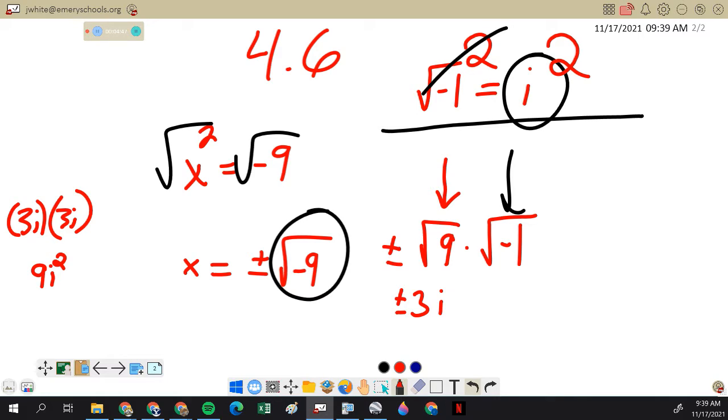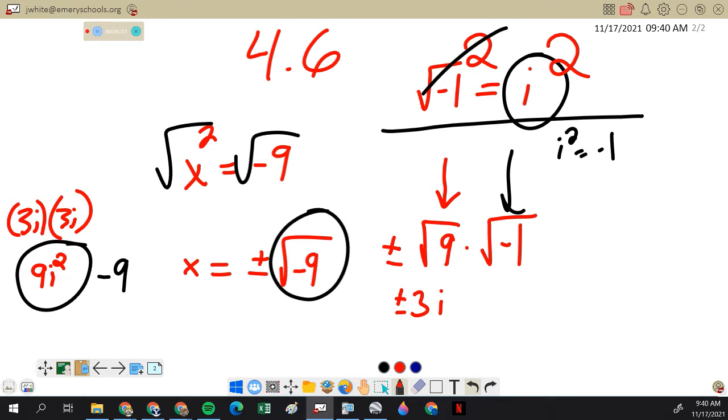It's just the stuff on the inside. So i squared is negative 1, which means this turns into negative 9. So 3i times 3i is 9i squared. i squared is negative 1. And so 3i squared is negative 9.